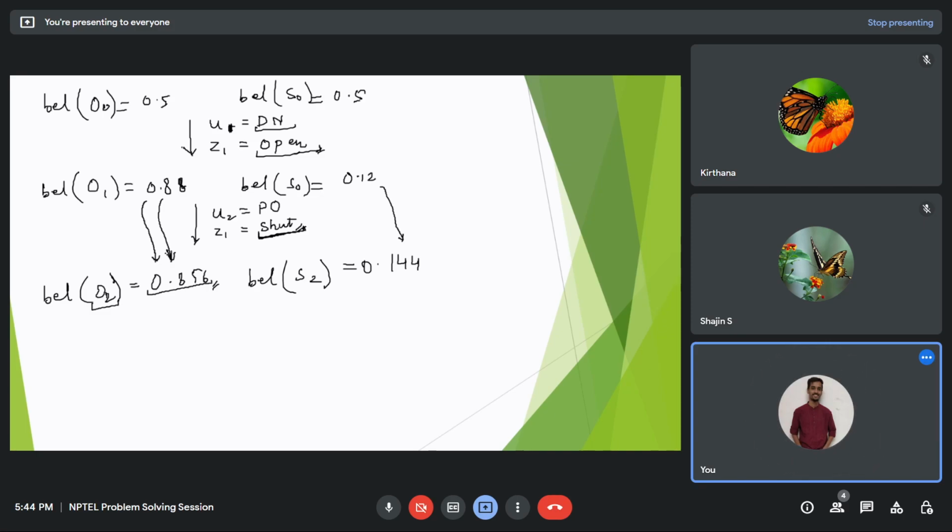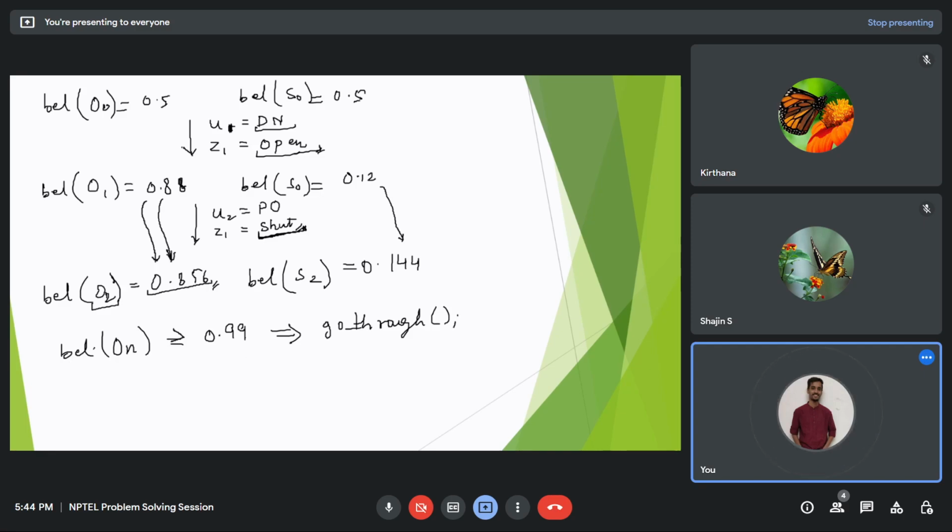Now in a practical scenario, what you would want to do is, when the belief of the robot, basically the probability that the door is actually open, is greater than or equal to 0.99, because let's say you want the robot to go through the door, that is when you tell the robot to go through the door.